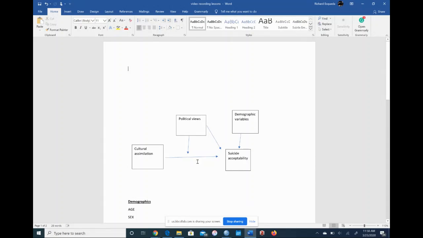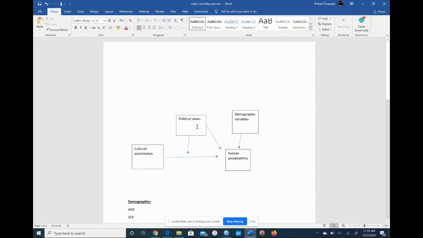Okay, so the concepts that I have in my theoretical model are cultural assimilation, political views, suicide acceptability, and demographic variables. Okay, so what this theoretical model says, the way it reads, is cultural assimilation has a direct impact on suicide acceptability.